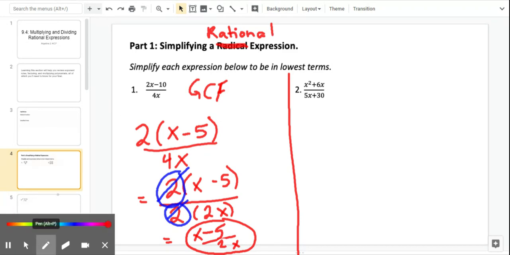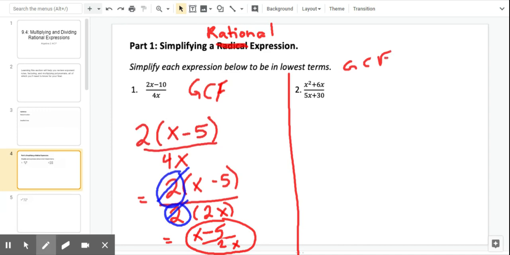All right, so this one we're going to do GCF again for number 2, because there's no other way to factor these. Start by taking out what we can in the numerator. In the numerator, we have x squared plus 6x. We can take an x out of that because they both have x's in common.